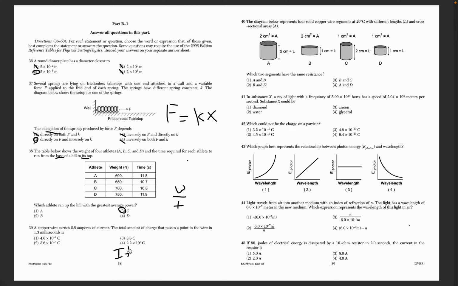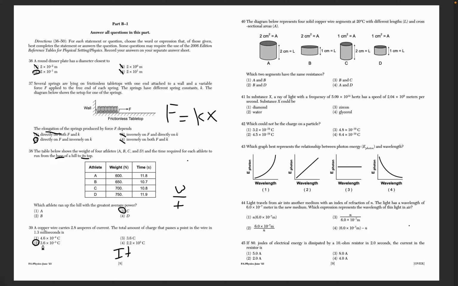The time is 1.3 milliseconds, equivalent to 1.3 times 10 to the negative 3, multiplied by 2.8 amps, which will give you, let's see, choice 2, I believe. Yes, okay.